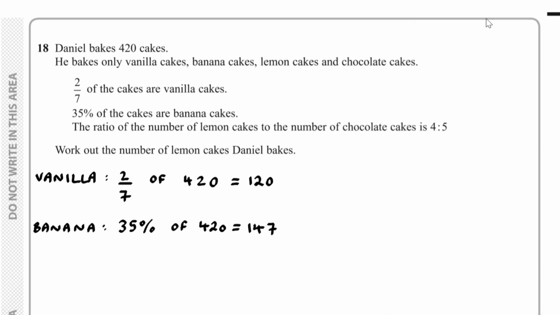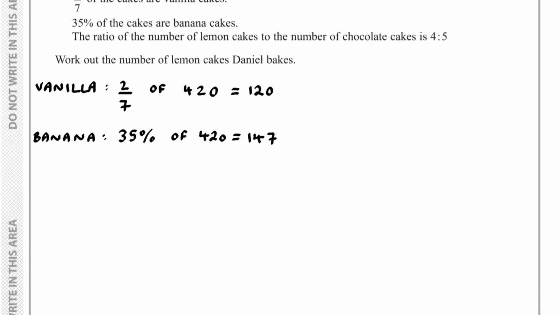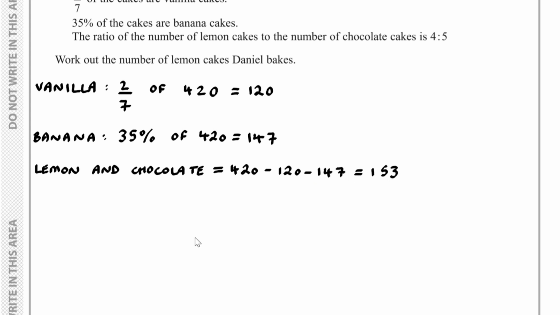What we can do now is find out how many lemon and chocolate cakes we have. So for the number of lemon and chocolate, we've got 420 minus 120 minus 147. So we've got 153 lemon and chocolate.